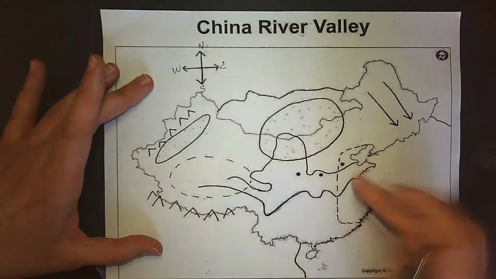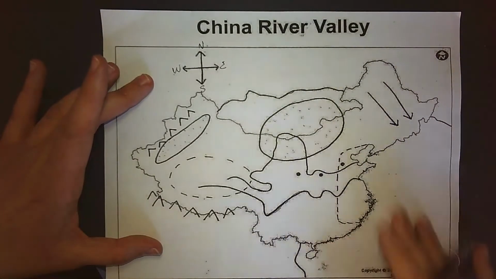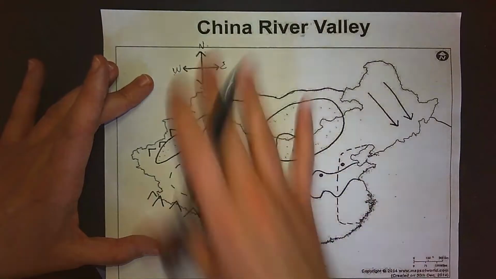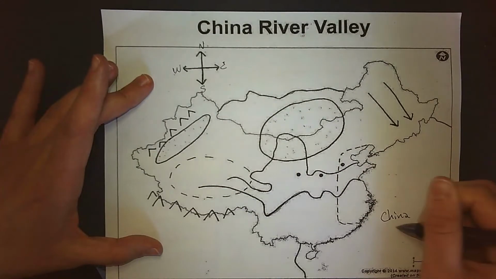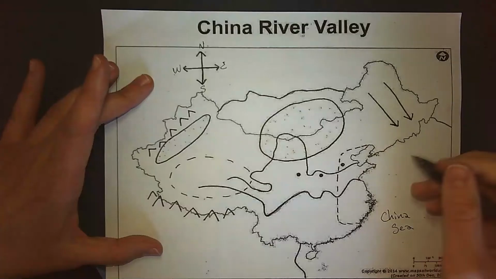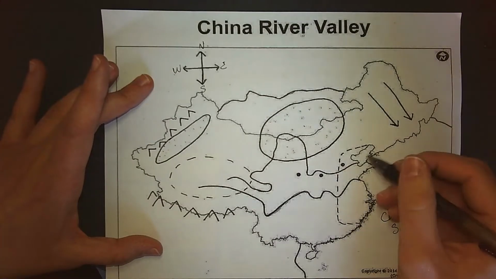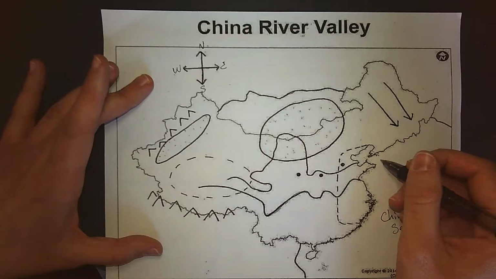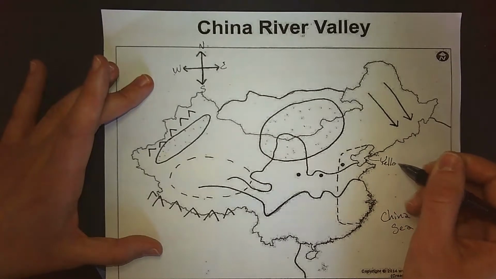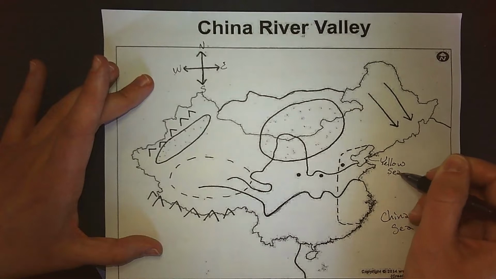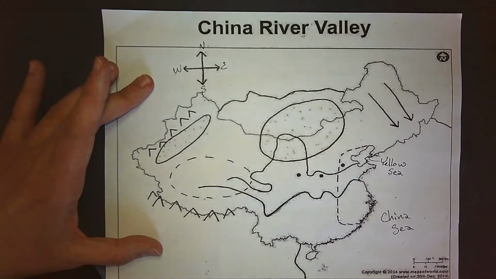So here we have our China Sea, which is off to the eastern coast of China. We also have the Yellow Sea up here. So we have the two seas. We also have a couple of rivers that we're going to be labeling.